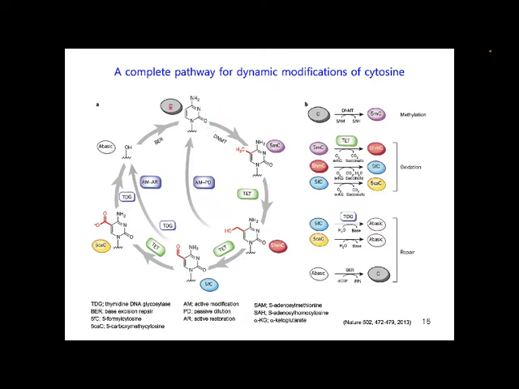So as I described, DNA methyltransferase methylates cytosine and transforms it into 5-methylcytosine, 5-mC, and then the TET enzyme oxidizes this 5-mC, making it 5-hmC, 5-fC and 5-caC, and then further processing is performed by TDG, thymidine DNA glycosylase, which performs the DNA repair, making it cytosine again to finish the complete demethylation process.